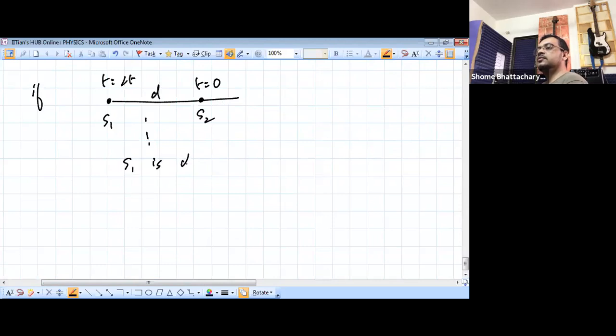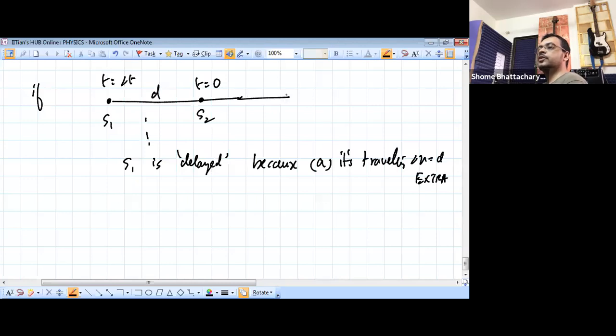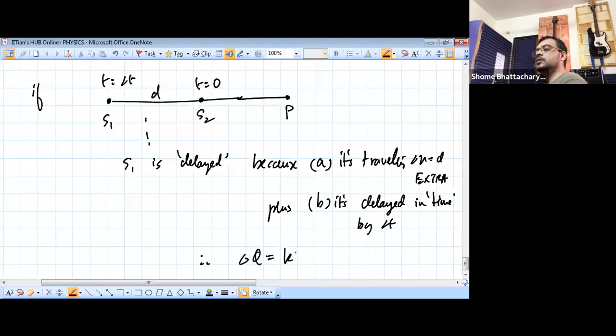S1 is delayed because it's traveling delta x equal to d extra, an extra distance to this point P, plus it's delayed in time by delta t. So in this case, the phase difference would have become k delta x plus omega delta t.